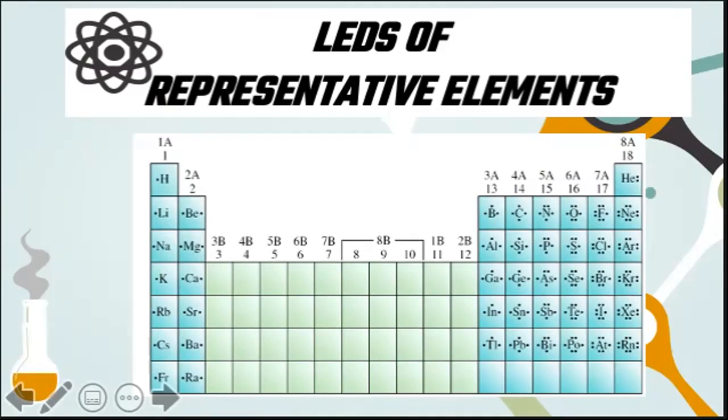Group 3, like aluminum, has 3 dots to represent the valence electrons. And we have silicon, 4 dots, phosphorus, nitrogen, 5 dots. We have oxygen, sulfur, and the rest have 6 dots. We have 7 dots and 8 dots.